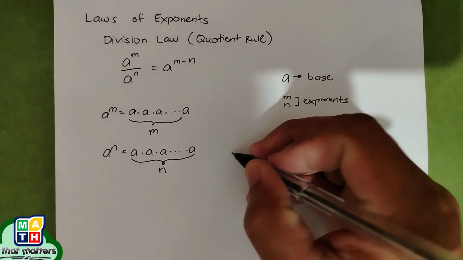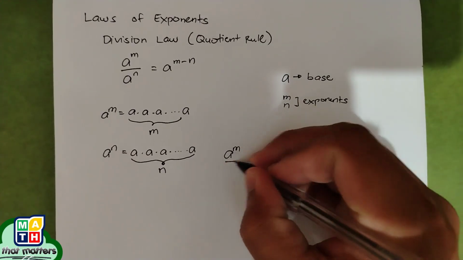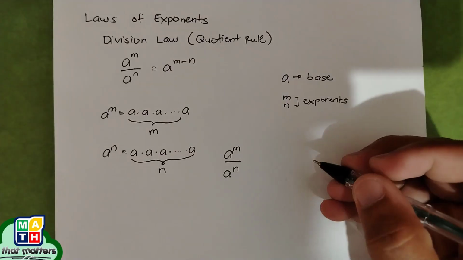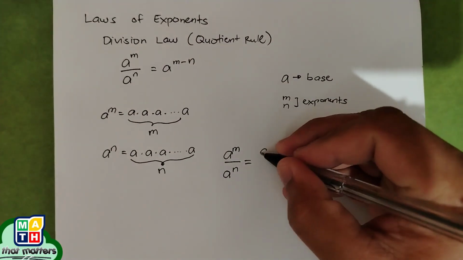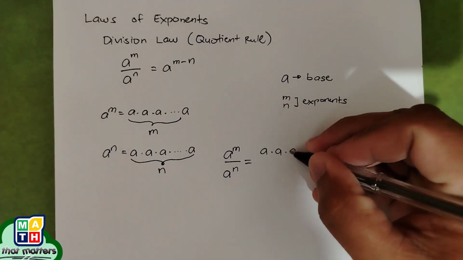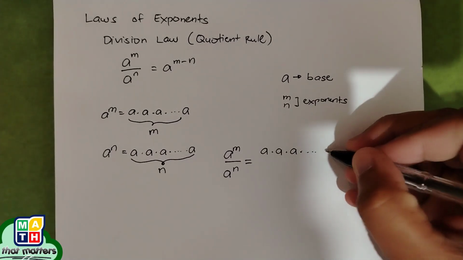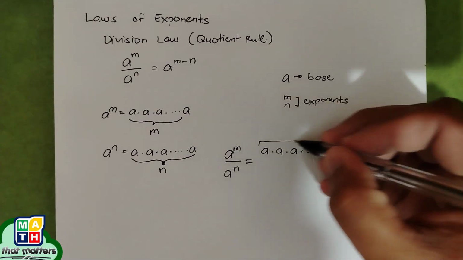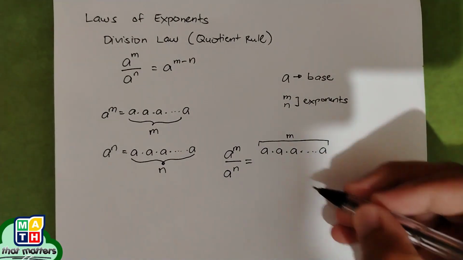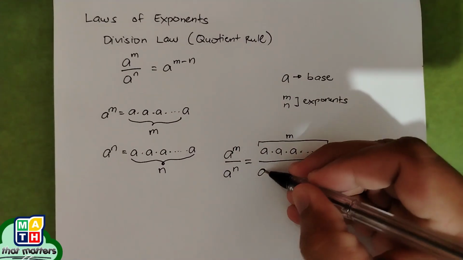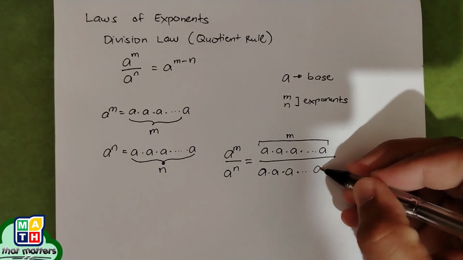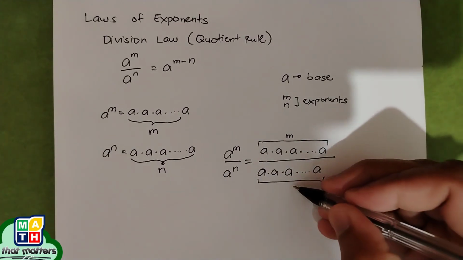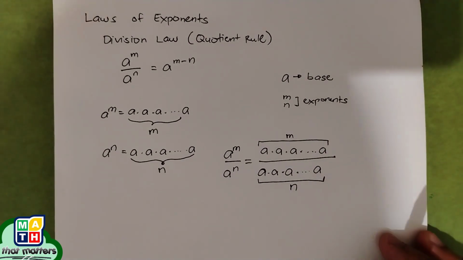Let's have a to the power of m over a to the power of n. So this is equal to, using the expressions here, a times a times a times dot dot dot a, where there are m of them, over a times a times a times dot dot dot a, where there are n of them.